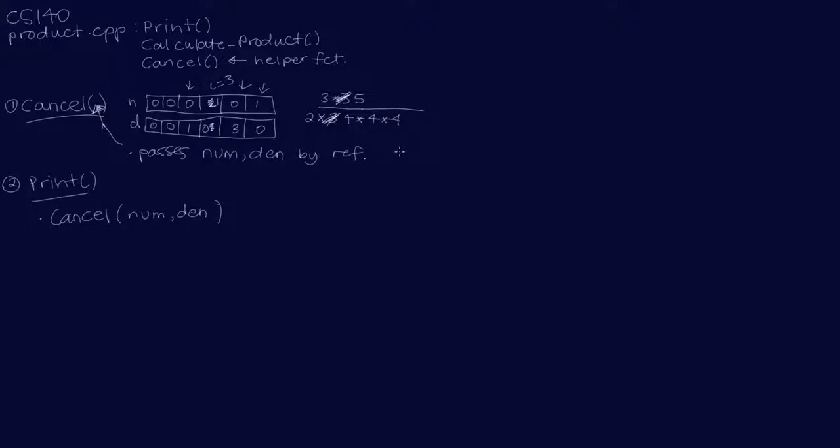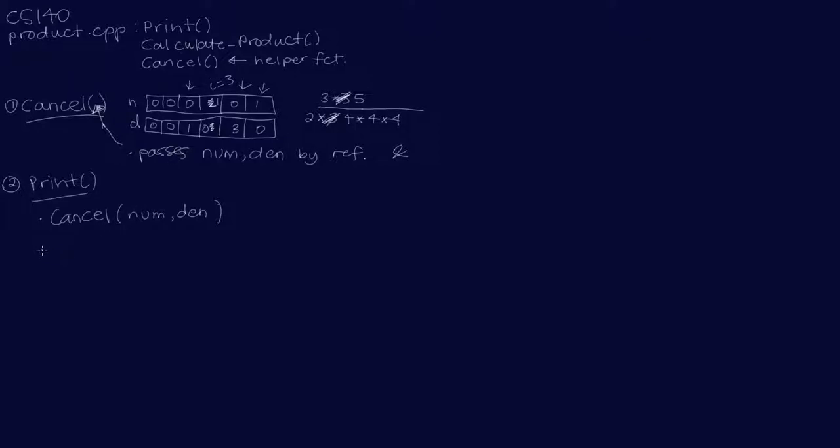Remember, when we pass by reference, just like I said in the other video, you'll need to use the ampersand symbol as syntax. When you actually call cancel inside print, you don't need to use the ampersand. The ampersand is used in the function definition itself up here. If you need some review, take a look at the notes and take a look at the last video, because I also talk about pass by reference a little bit in there with the resize helper function.